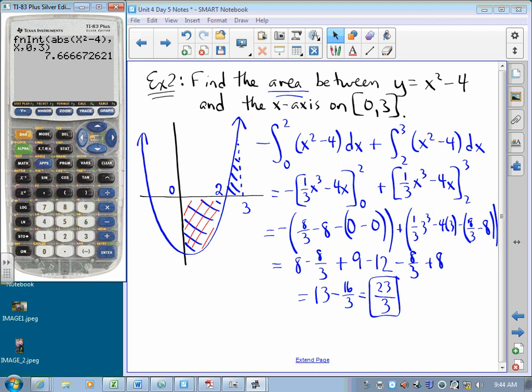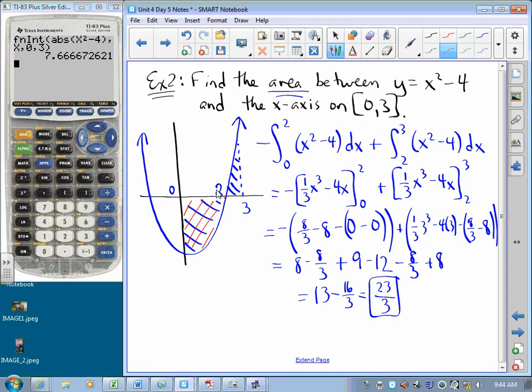And I'd get the same answer. I would take the absolute value, because what does the absolute value do? The absolute value kicks all that negative area and turns it around positive. So if I integrate the absolute value of my function, then I get the actual area between my function and the x-axis. Does that almost make sense? Gosh, I hope so.